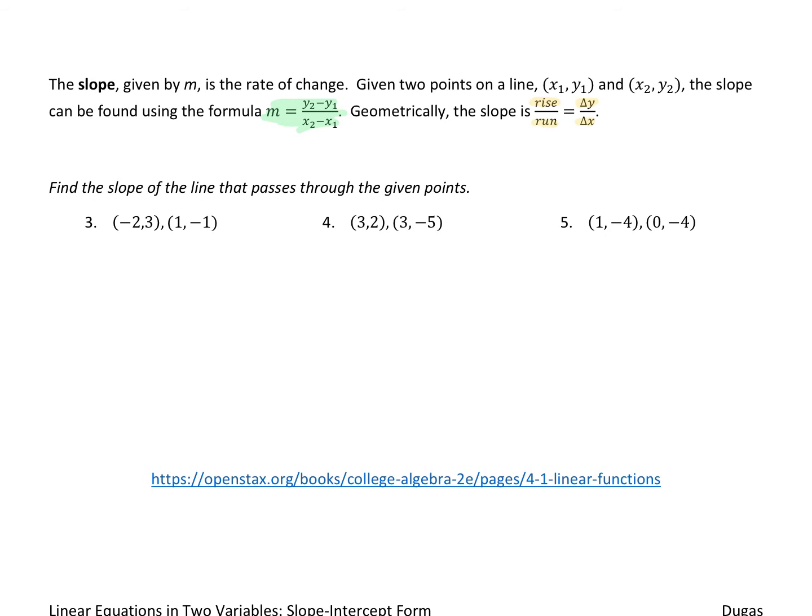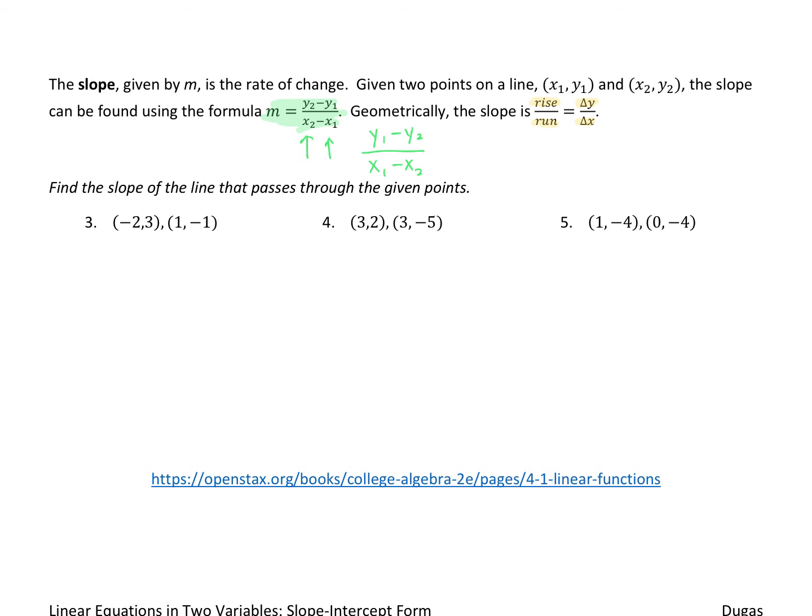The key to this formula is that the 2's are on top of each other. Notice y2 is on top of x2, and the 1's are on top of each other. y1 is on top of x1. That's very important for this formula. It doesn't matter if the y goes first. An equivalent formula is y1 minus y2 over x1 minus x2. But notice again, the 1's are on top of each other, and the 2's are on top of each other.